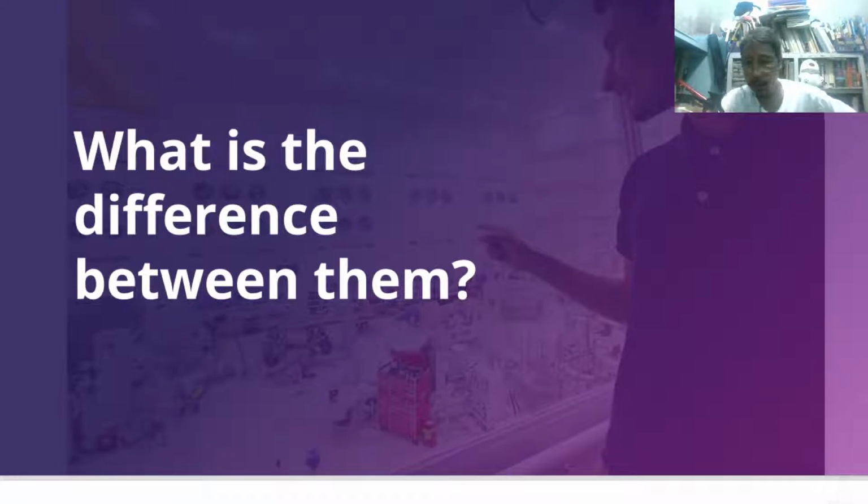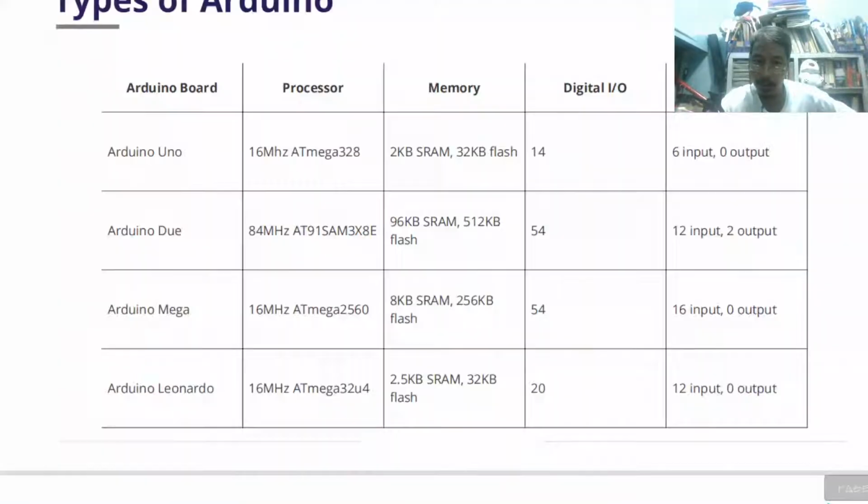What is the difference between these different types? Types of Arduino differ in their specifications. Particularly we need several I/O, digital I/O and analog I/O. Let's compare. The basic form Arduino Uno has 14 digital I/O.